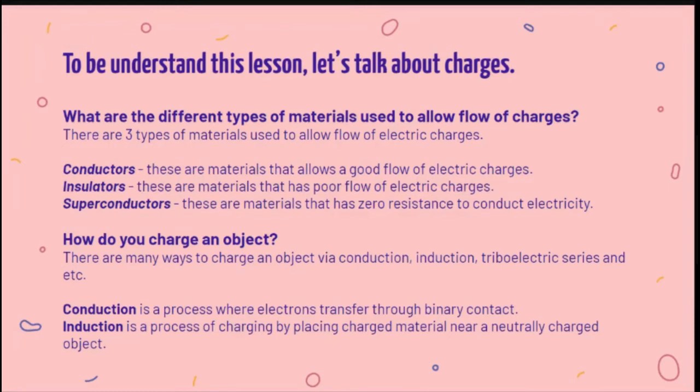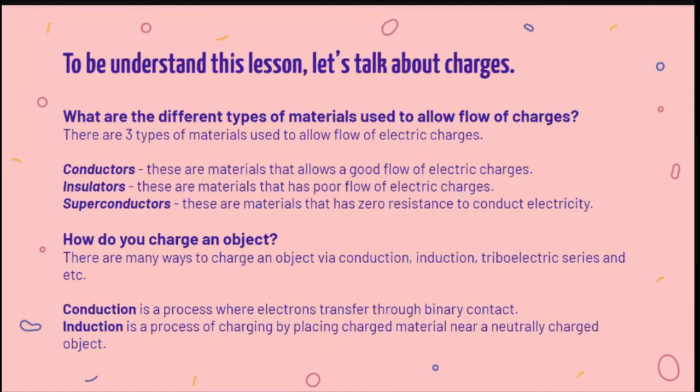And now, having these three types of materials that we use in studying electricity, it always comes to our mind: how do electric charges charge an object? How do we charge an object by means of increasing the amount of electric charges present in the system? How do we say it's a positively charged object? How do we say it's a negatively charged object?